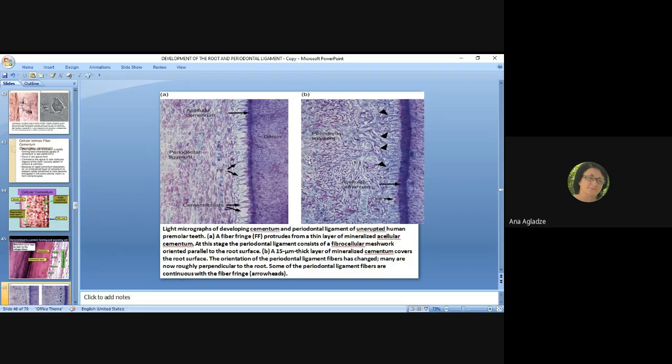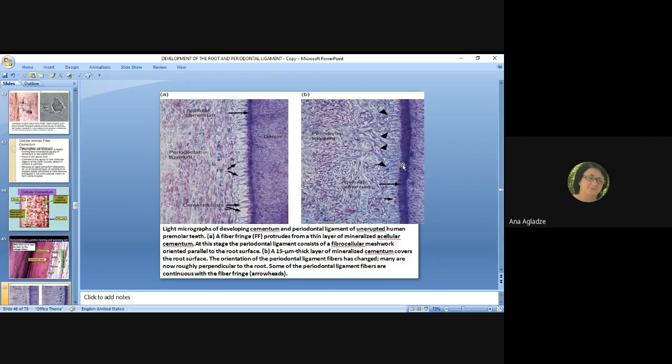Here you can see a 15 micrometer thick layer of mineralized cementum, which covers the root surface. Also you can see some of the periodontal ligament fibers are continuous with the fiber fringe. These short fibers are called fiber fringe.